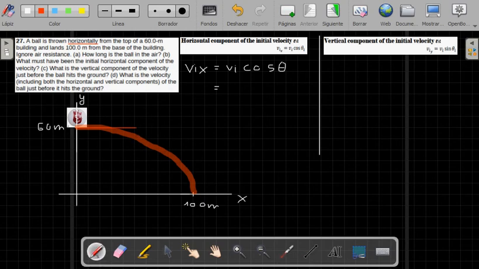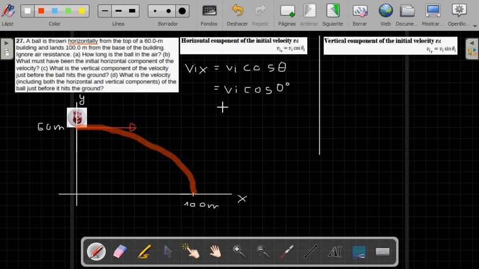So we do have the angle, but not in numbers. We had it literally. So, well, we don't have the initial velocity. That doesn't mean that we can't go on. But I'm going to replace here the angle by 0 degrees, the cosine of 0 degrees. And the cosine of 0 degrees is 1.